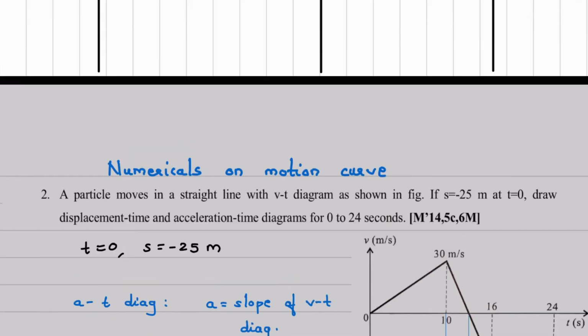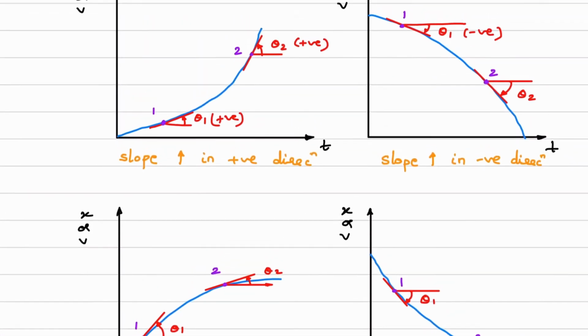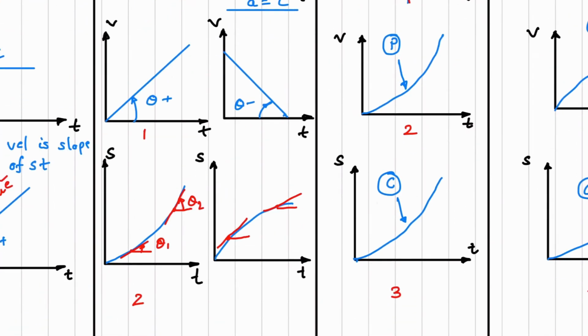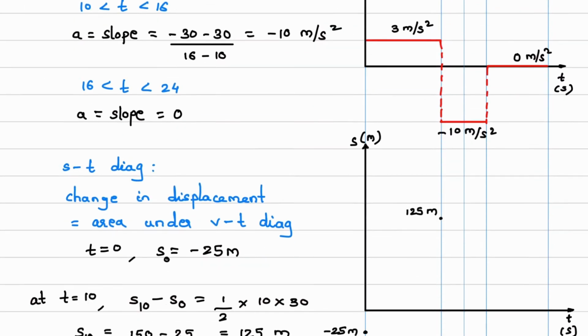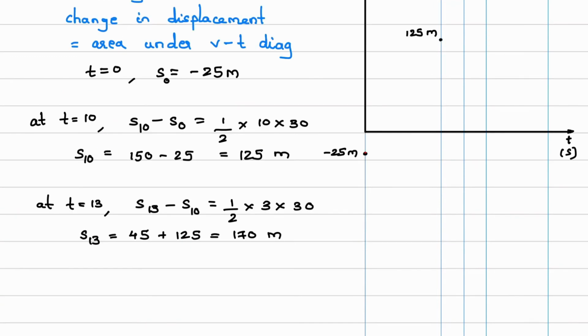So what will be the nature of curve? Slope should increase in positive direction, right? So curve will be like this. So we'll draw that curve. So from minus 25, we have to draw a curve. This will be parabolic.